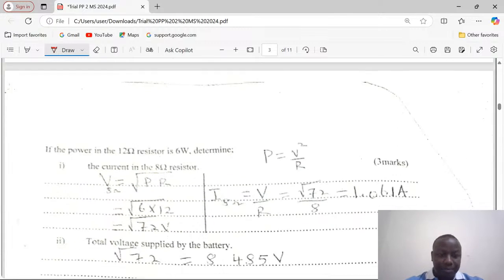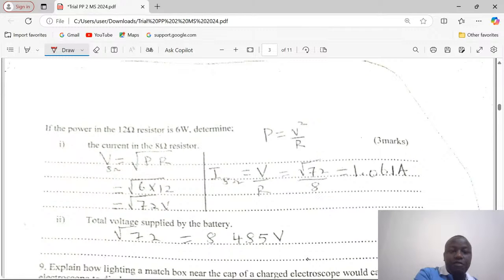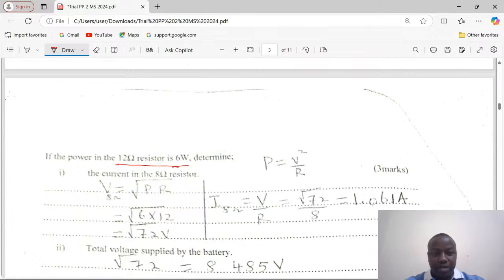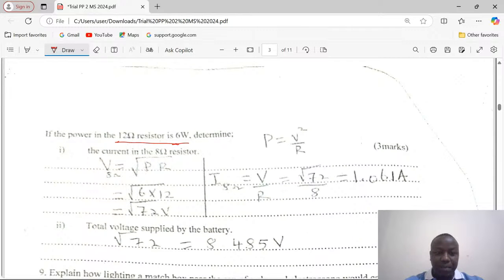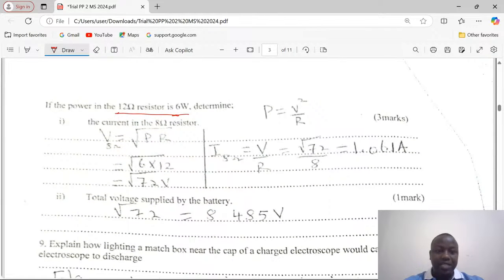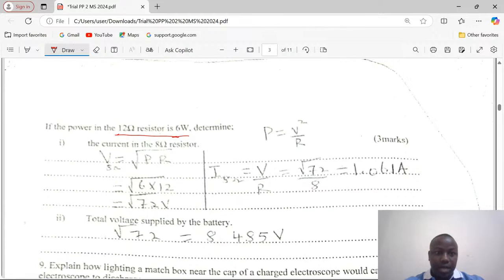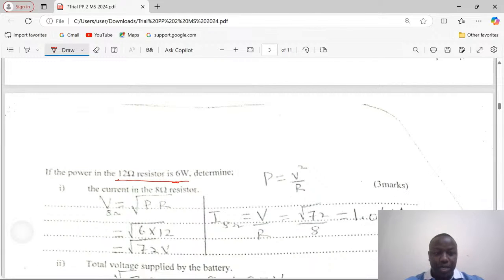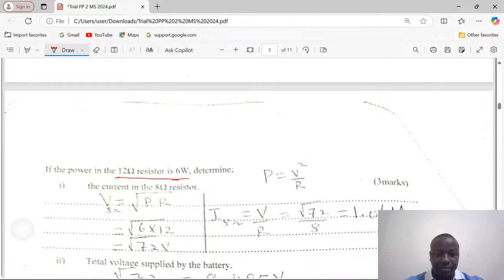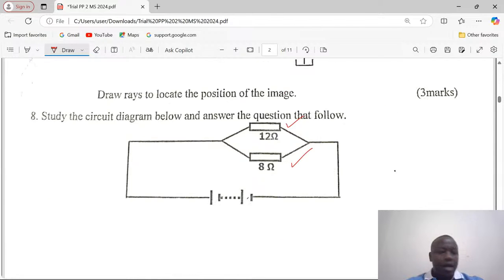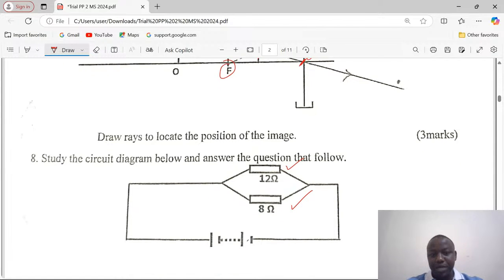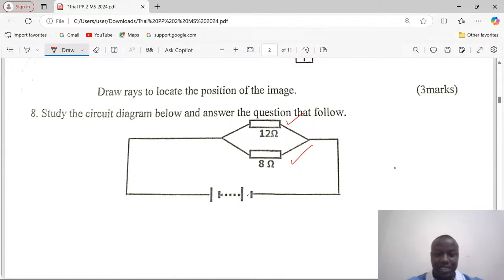If the power in the 12 ohm resistor is 6 watts, determine part 1, the current in the 8 ohm resistor. Something that we're supposed to know is that, according to the arrangement of these resistors, which is a parallel arrangement, voltage is the same.